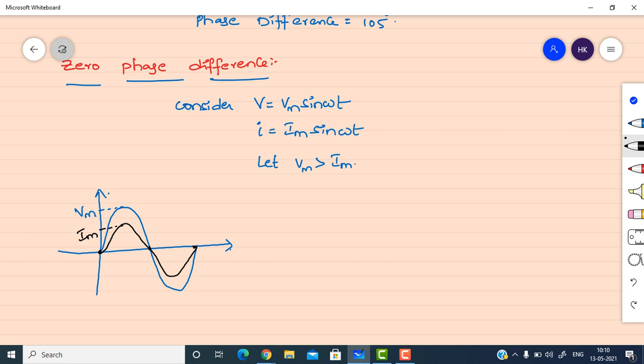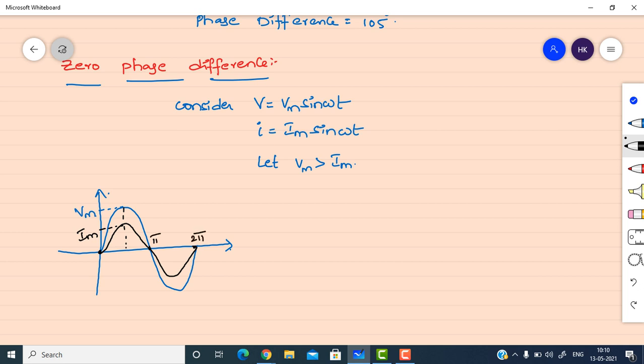At the position where Vm starts, the current will also start. And at the position where Vm is at the maximum value, Im will also reach the maximum value. So there is no phase difference. That is called zero phase difference. This is the waveform representation.